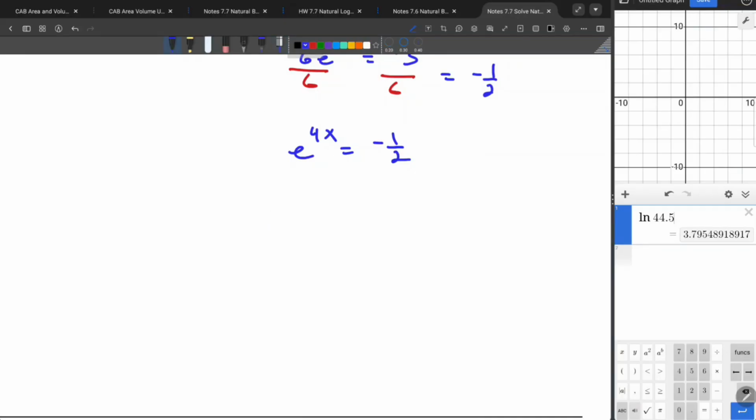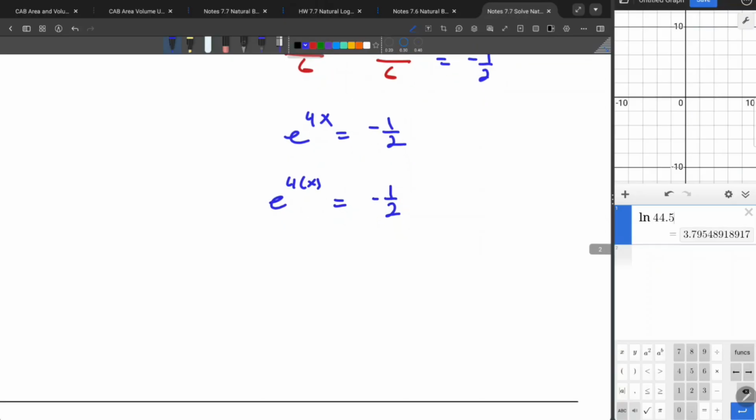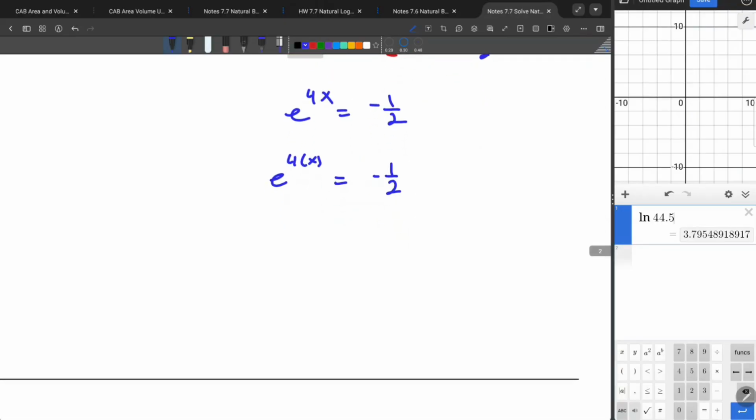So think about, we're trying to raise e, and we're going to input some x value to get some negative number on this other side. Well, there is no number that we can put in for that x that is going to make this left-hand side negative. So we talked about this a little bit last unit.